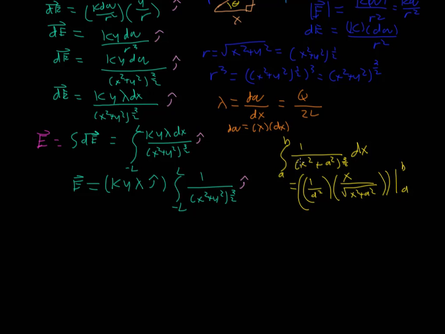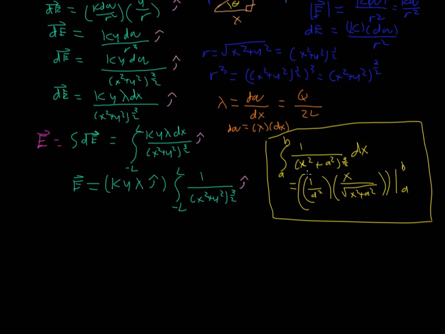In our example, a here is y. A is the constant and x is the variable. So in our case, x and x are both the same thing as in this formula, and y is our constant.